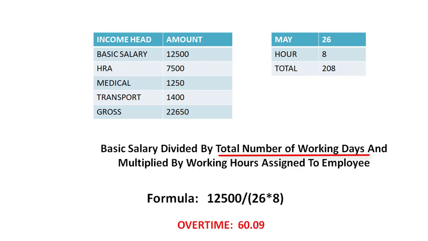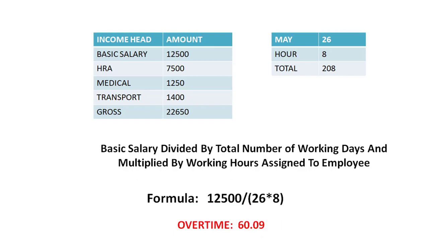Total number of working days means the total working days in a particular month. Here as well, we are calculating the salary for May, so total days are 26. Working hours assigned to employee means how many working hours are assigned to an employee. Suppose an employee is assigned a total of 8 working hours. Now you will see the overtime rate is 60.09. The software will calculate the formula in this way.